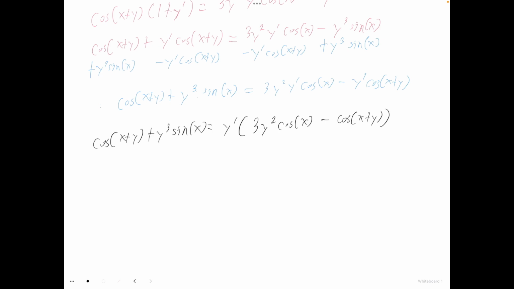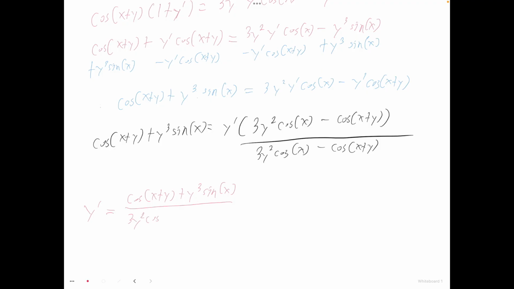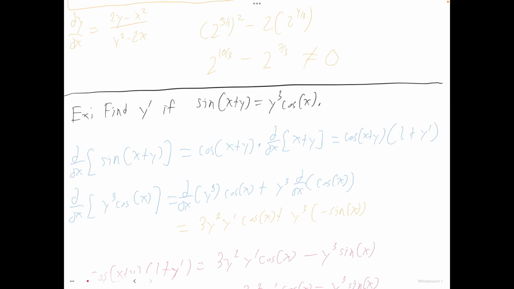Then we're going to divide off our 3y squared cosine of x minus cosine of (x plus y) from both sides. And so we end up with y prime equals cosine of (x plus y) plus y cubed sine of x, divided by 3y squared cosine of x minus cosine of (x plus y). And so that then is our derivative. And so we were able to compute the derivative of sine of (x plus y) equals y cubed cosine of x.